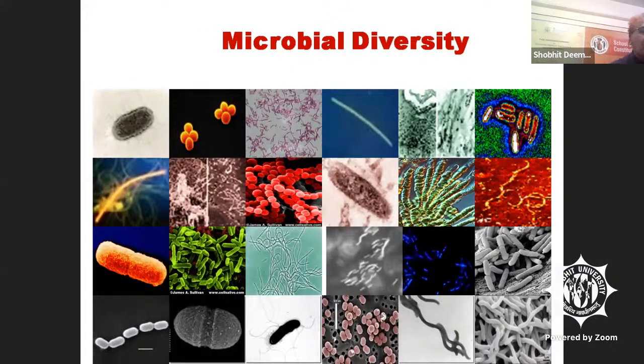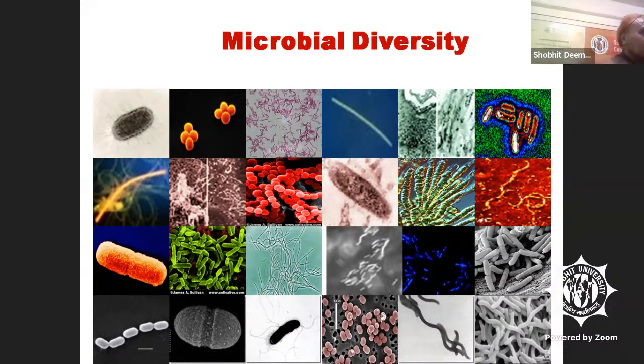Now, this is microbial diversity. This is one of the important aspects: in most seminars, people talk of eukaryotic diversity, plants, animals, but they are forgetting microbial diversity. But if you just think, if the microbes are not there, what will happen? You will not get anything.